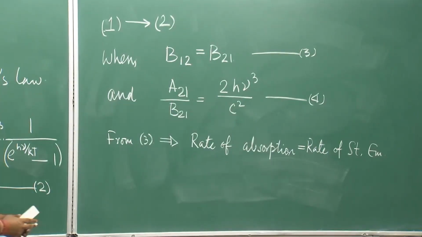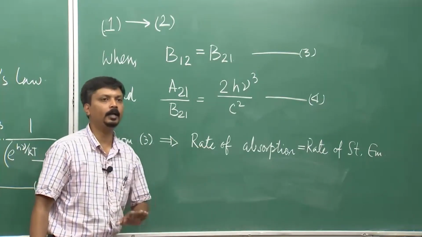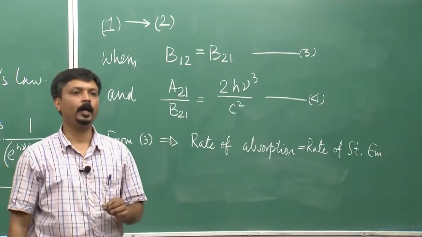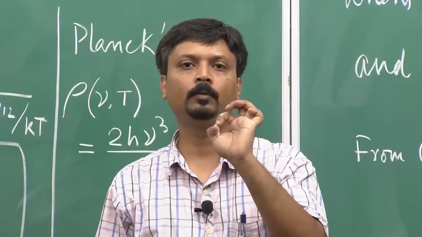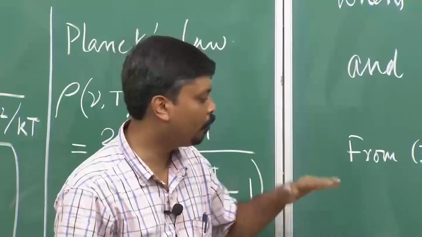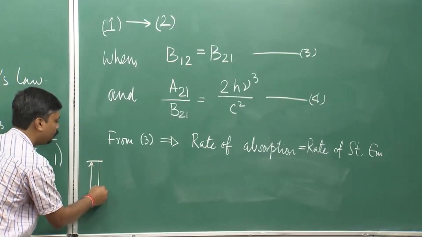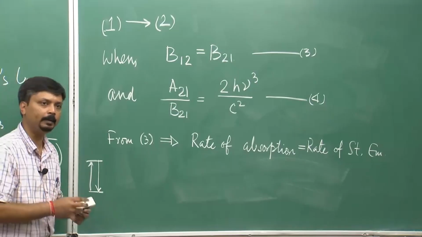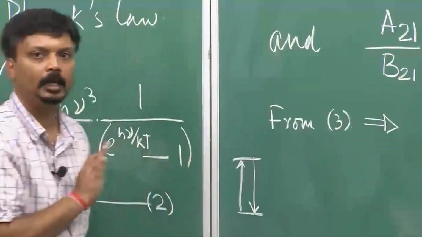This is a wonderful outcome. What it tells is that at a given condition, if I have a certain population of state 1 and state 2, and if I come with light that has a frequency such that h nu matches the delta E, then the number of molecules that will go from state 1 to state 2 will be equal to the number of molecules coming down from state 2 to state 1. Their rates will be the same.